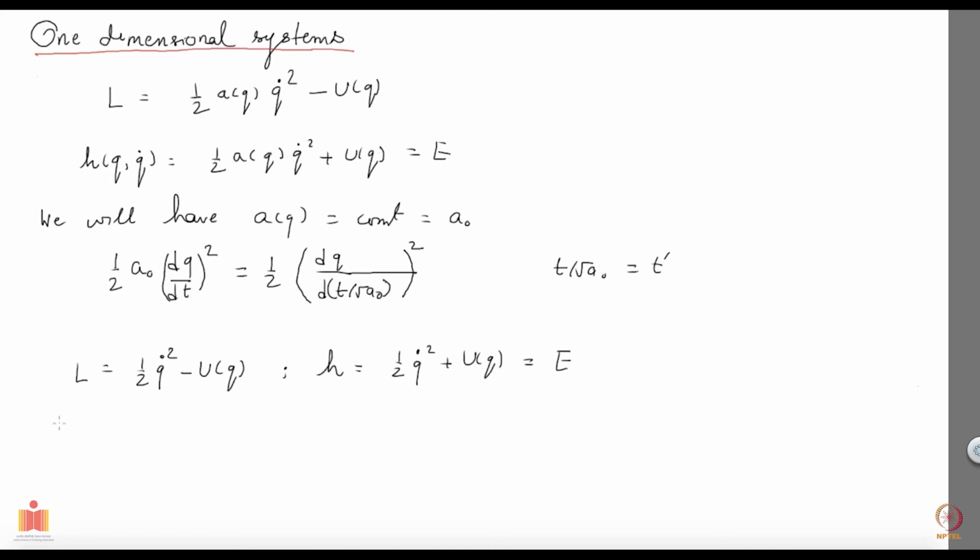To solve this problem, we can use the first integral of motion, and remember this is a first order differential equation.